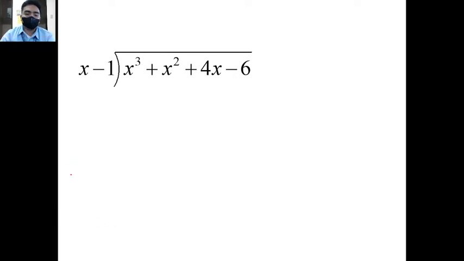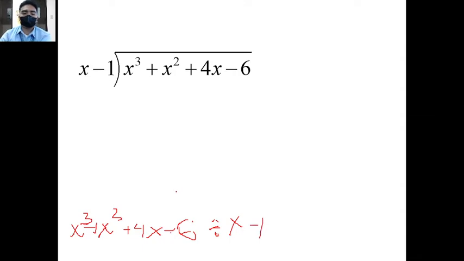In a division form or in a horizontal form, if we're going to write that one, it will be x cubed plus x squared, plus 4x, minus 6, divided by x minus 1. Alright, so that is how it looks in a horizontal manner.